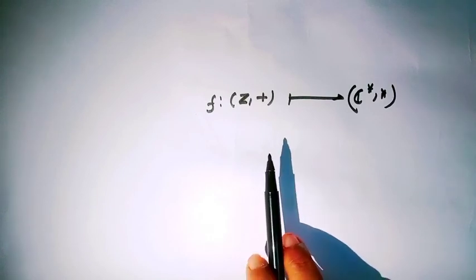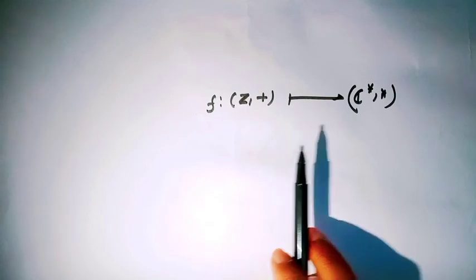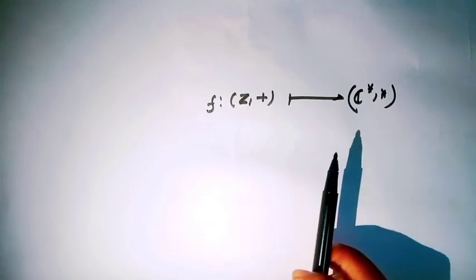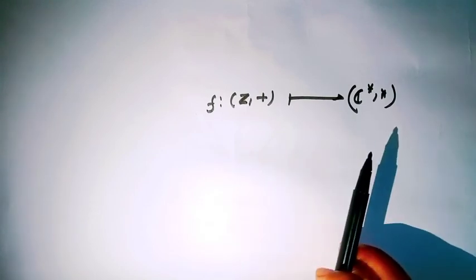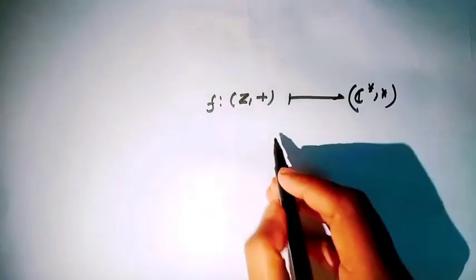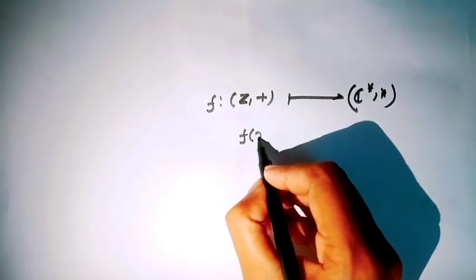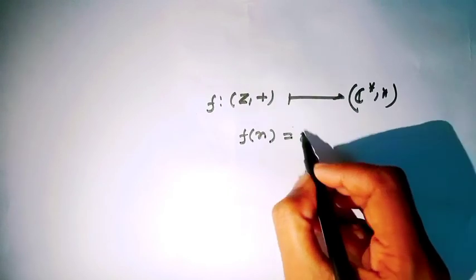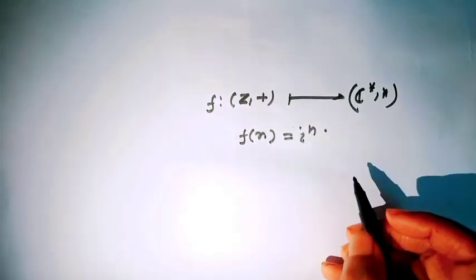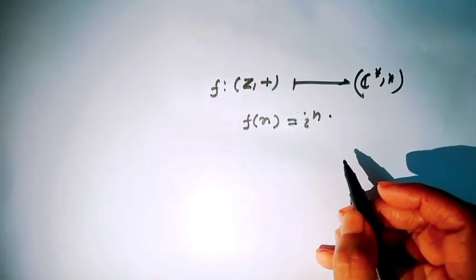Let f be a mapping from integers under addition to the multiplicative group of non-zero complex numbers, and the mapping is defined as f of n equal to i to the power n. What would be the kernel of f?